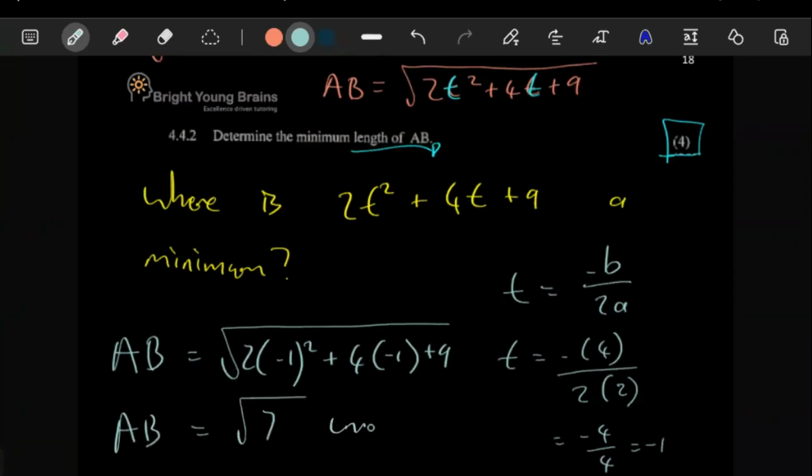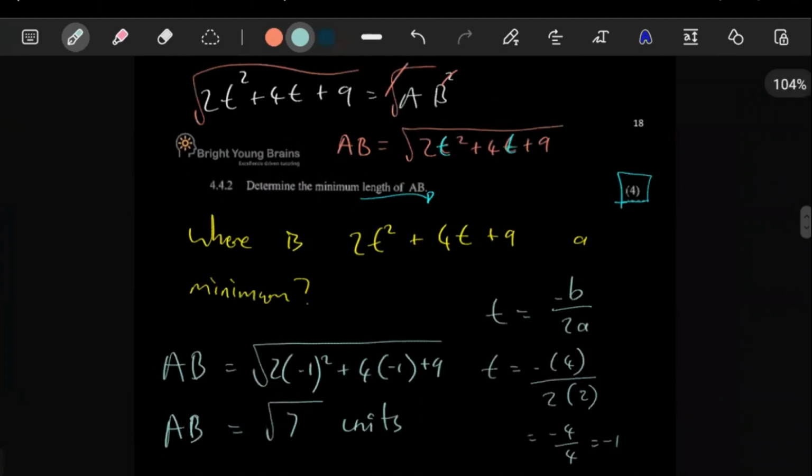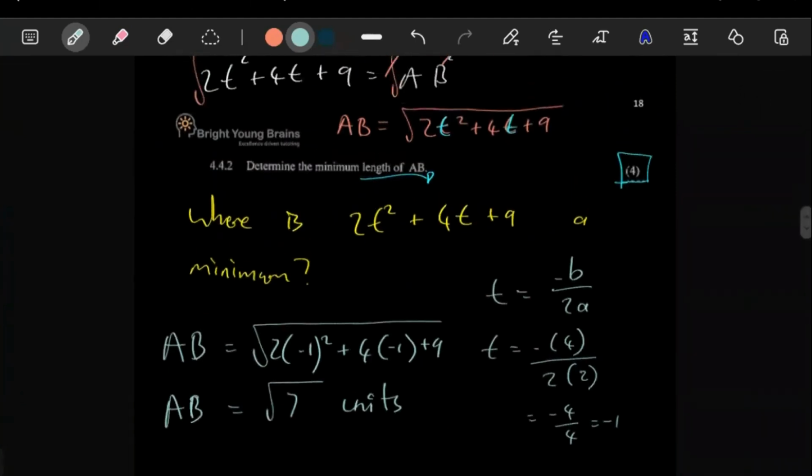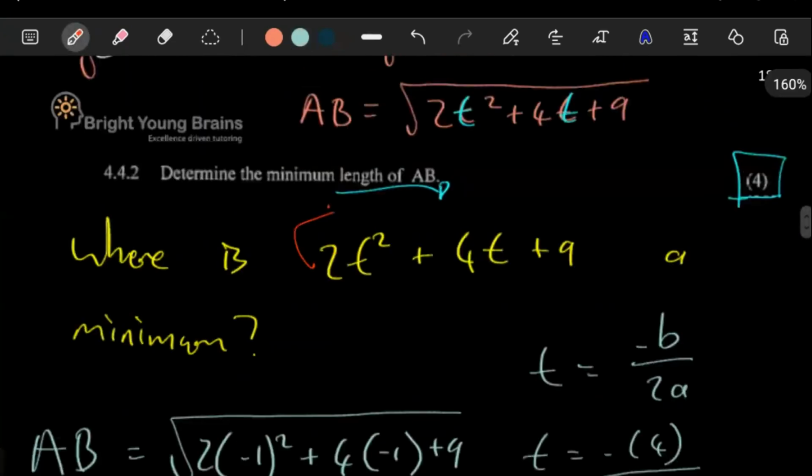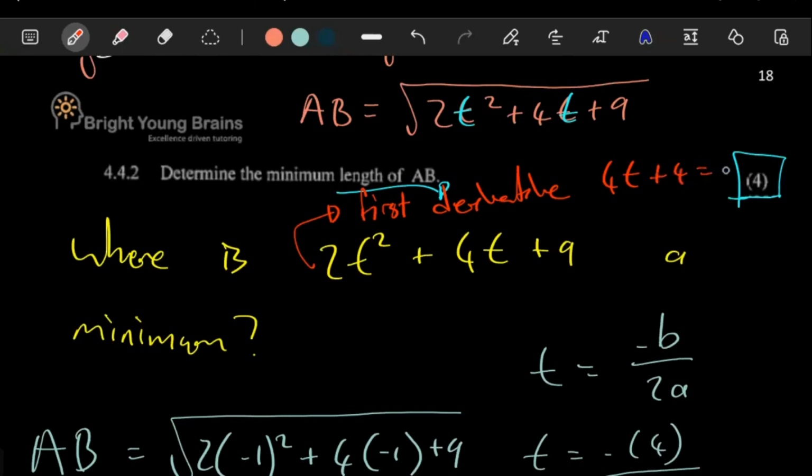And then you can say you just hit units, you know. Anyways, this was an okay equation. For us to get this negative 1, you could have also just differentiated and made your equation equal to 0. It would have given you the same thing. If you differentiate, your first derivative would have been 4t plus 4, made equal to 0.